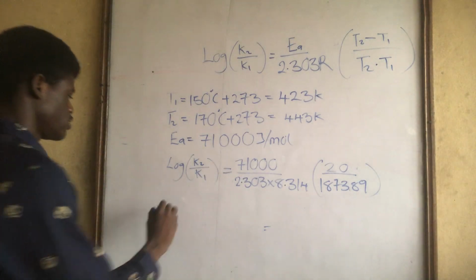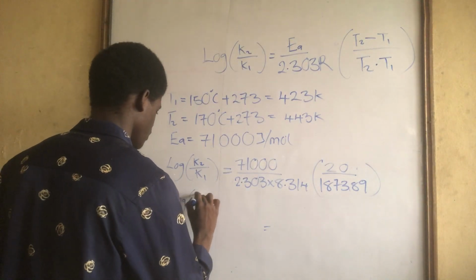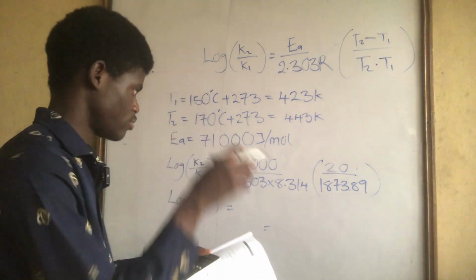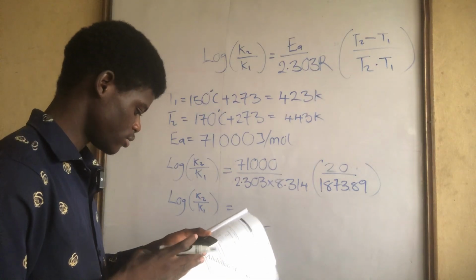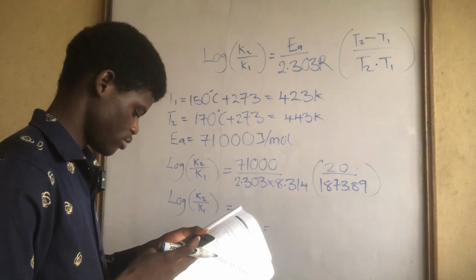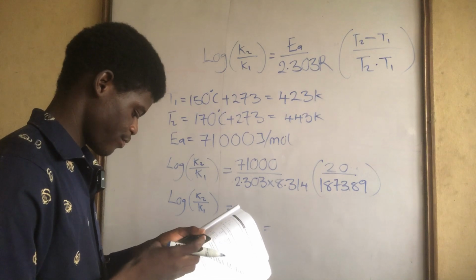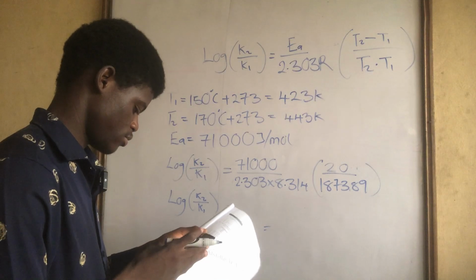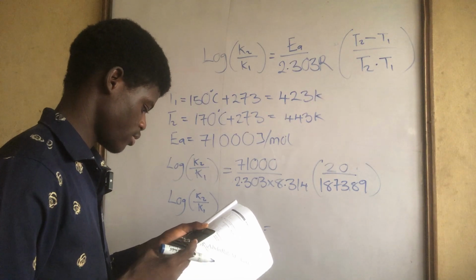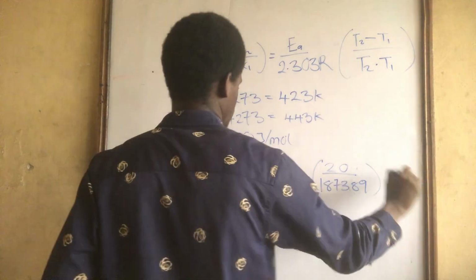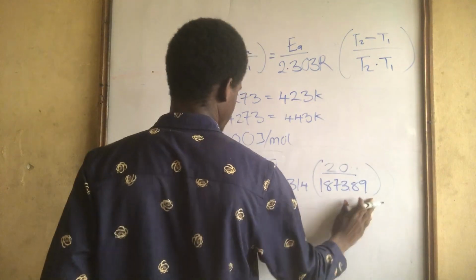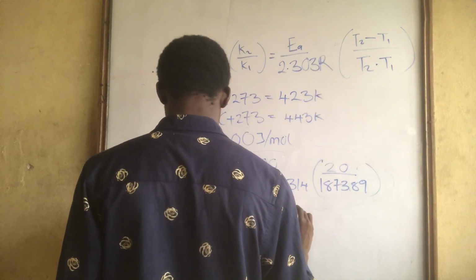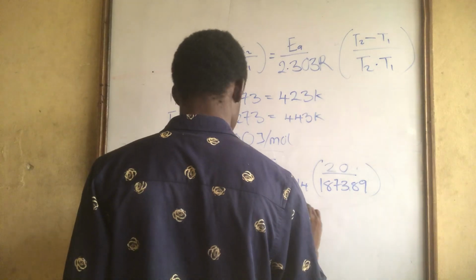So let's do this as log K2 over K1 is equal to, so let's just solve this directly, 2.303 times 8.314. When you calculate all this, all we are going to get is 0.3958.